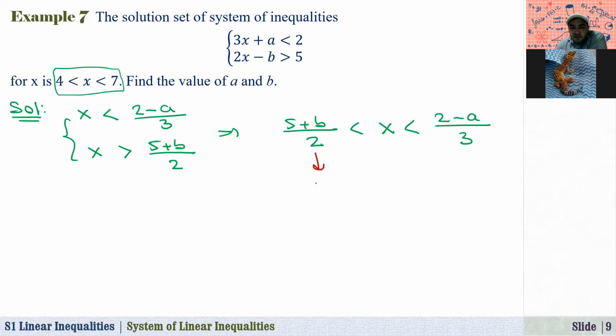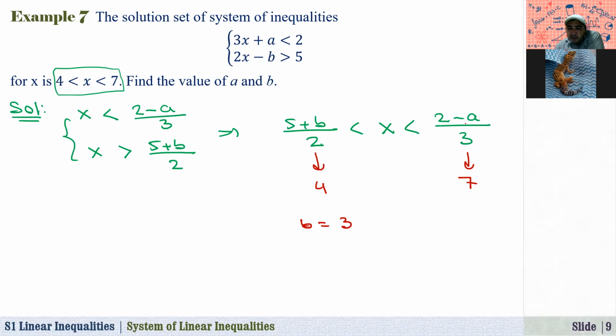this should be equal to 4, and this should be equal to 7, right? So if you solve this for 4, 5 plus what number divided by 2 is equal to 4, so b should be equal to 3, because 5 plus 3 is 8, 8 divided by 2 is 4. How about here? 2 minus what number divided by 3 is equal to 7, that is 21.